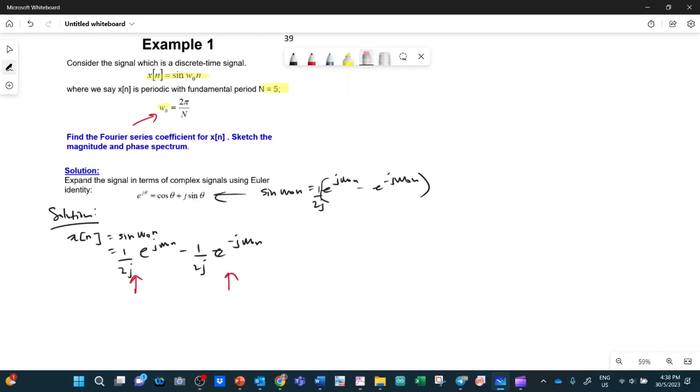We forgot the k value, so basically you have a k value here. What is the k for this part? k is equal to 1, and this is k equal to minus 1.